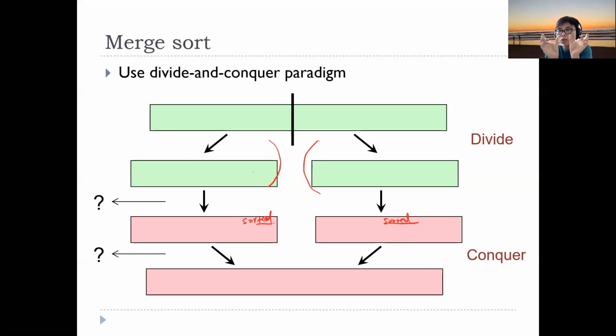Given two sorted subarrays, how are you going to merge them into a single solution, which is a sorted array for the entire original array? Okay, so these are the two steps we need to specify in order to have the complete algorithm. Okay, so let's first look at how we solve the subproblem.